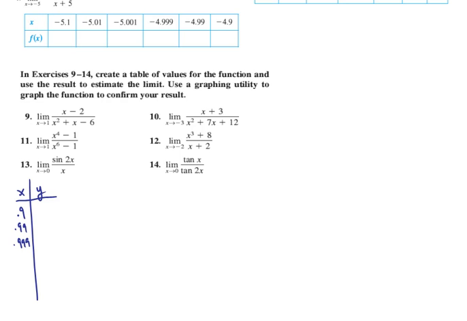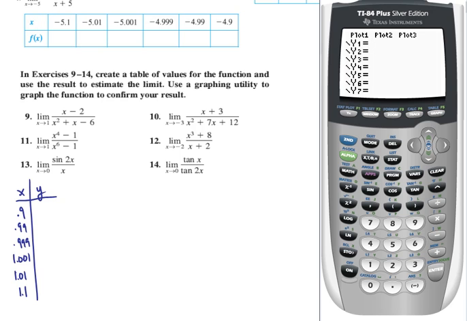Approaching from the right, we'll use 0.1, and it's the opposite for negative numbers. For negative numbers approaching from the right, you would use 0.9, 0.99, etc. So we'll start off with 1.1, 1.01, and 1.001.